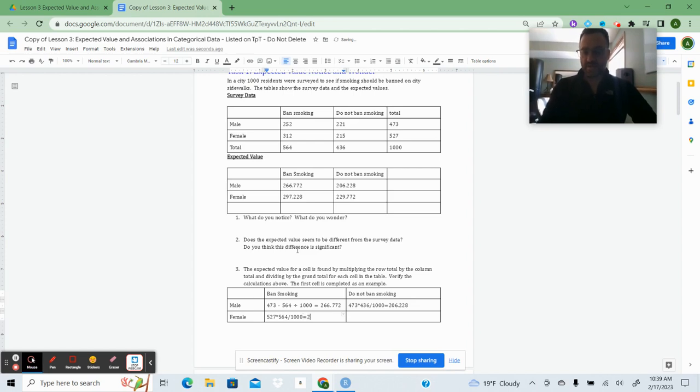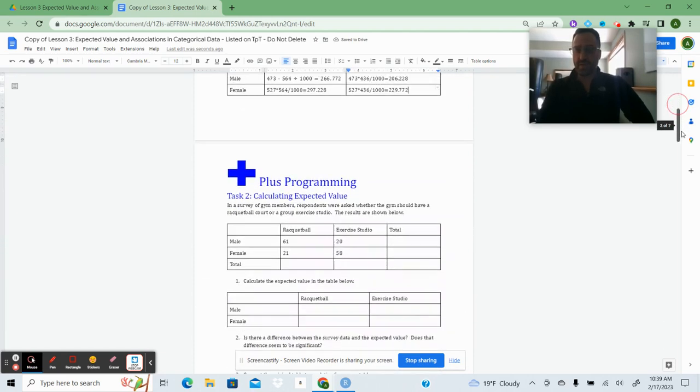And that gives us our 297.228. And then here, to calculate that, we do the row total, 527, times 436 divided by 1,000. And that equals 229.772. Now, for the rest of these, I'm actually going to have you calculate them.